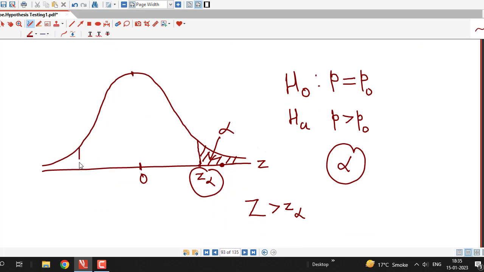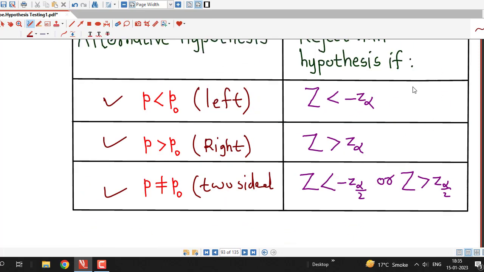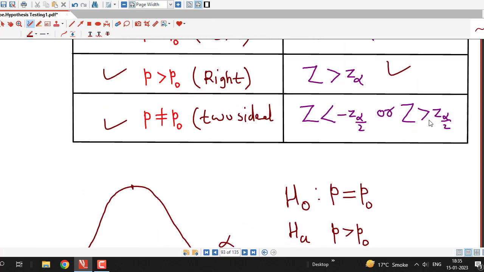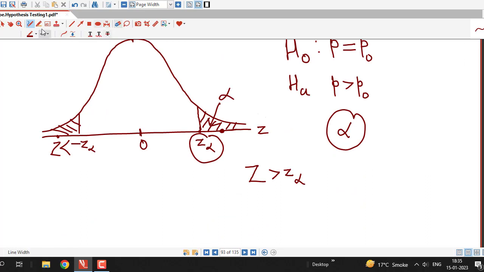Similarly, if we have a left-tailed test, then here we will have minus Z alpha. In that case, we reject the null hypothesis if Z is smaller than minus Z alpha. And in the case of the two-tailed alternative hypothesis, we divide this area into two equal areas, alpha by 2.